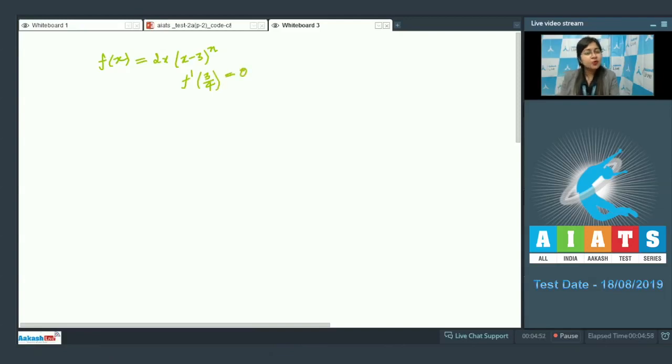We know this by Rolle's theorem. So, let's find f dash x first. It will be equal to 2x into n into (x minus 3) raised to the power n minus 1 plus 2 times (x minus 3) raised to the power n.